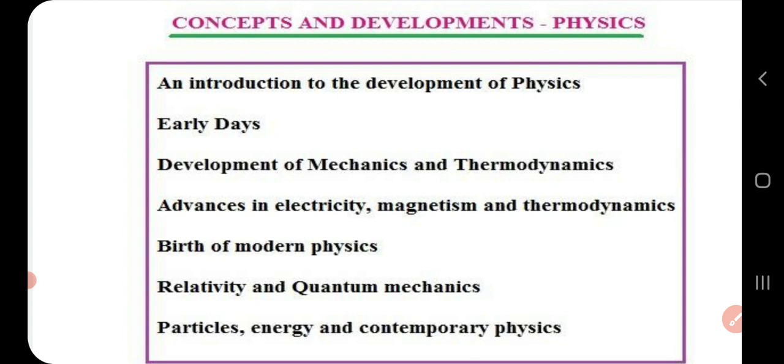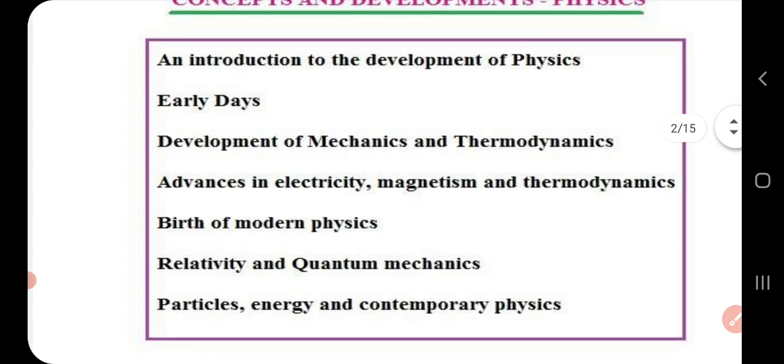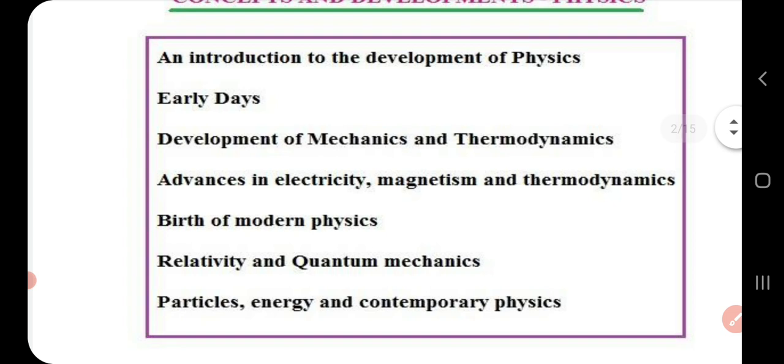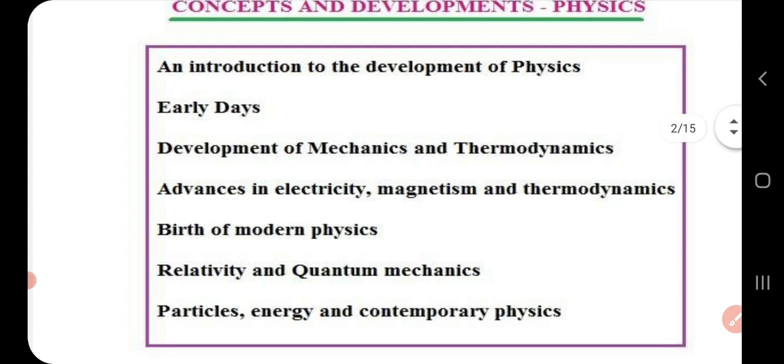The first is an introduction to development of physics, then early days development of mechanics and thermodynamics, then advances in electricity, magnetism and thermodynamics, then the birth of modern physics, then relativity and quantum mechanics, particles, energy, and contemporary physics. All these are general topics that they have given in the text as an introduction. So you can just read through the textbook.